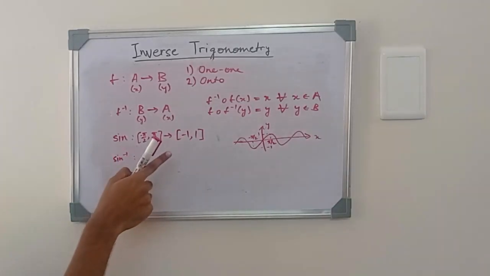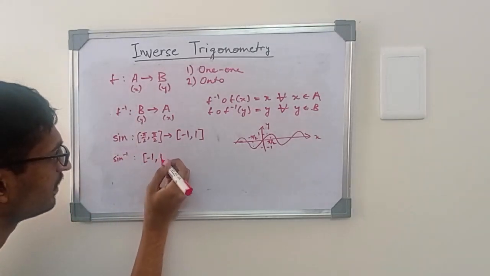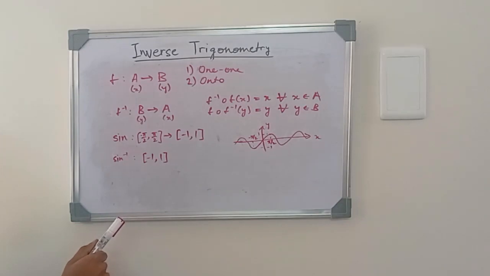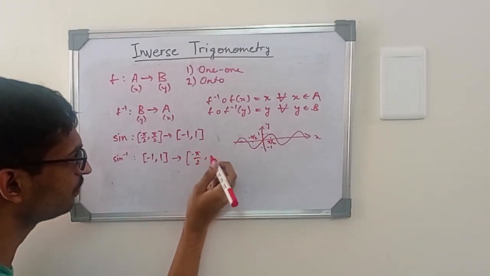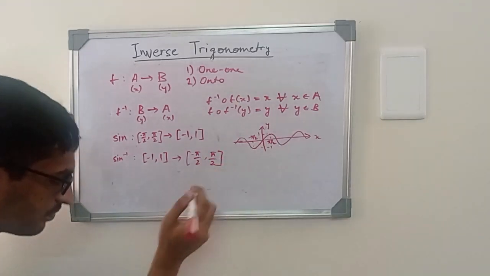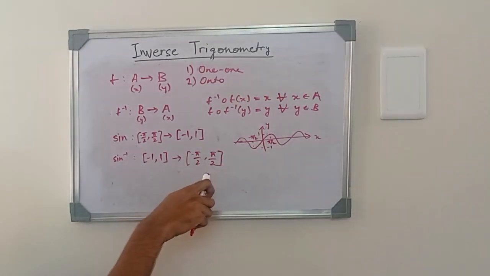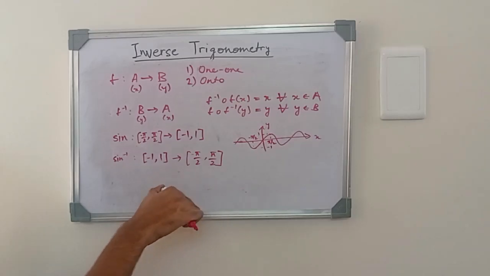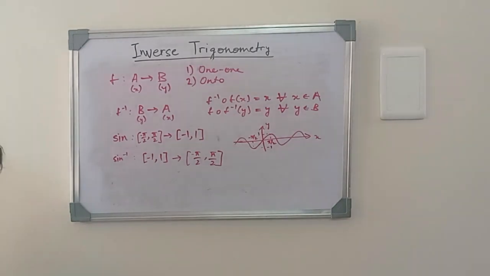The domain and the range get interchanged. So the domain here is -1 to 1, and the range is minus pi by 2 to plus pi by 2. This range of values which we have selected is commonly known as the principal value branch of the sine function.